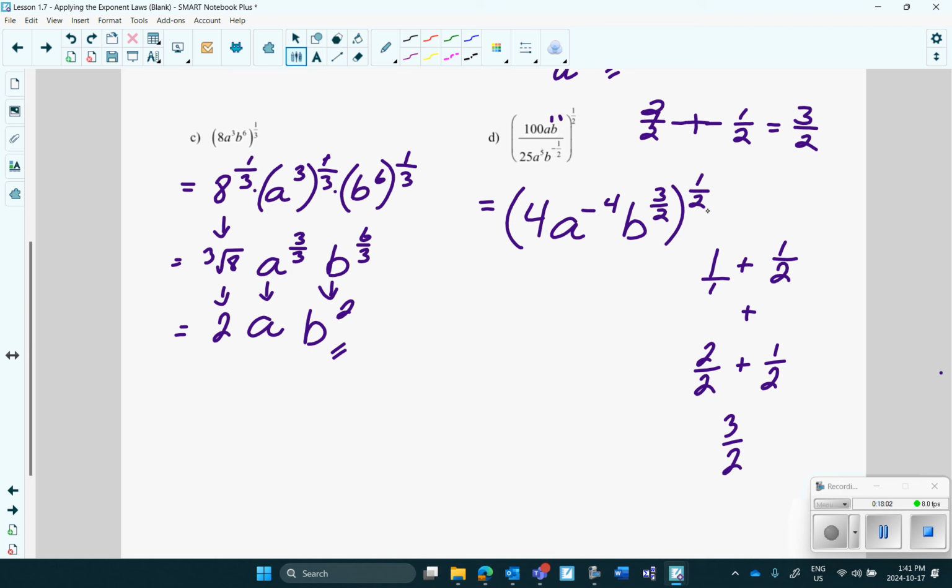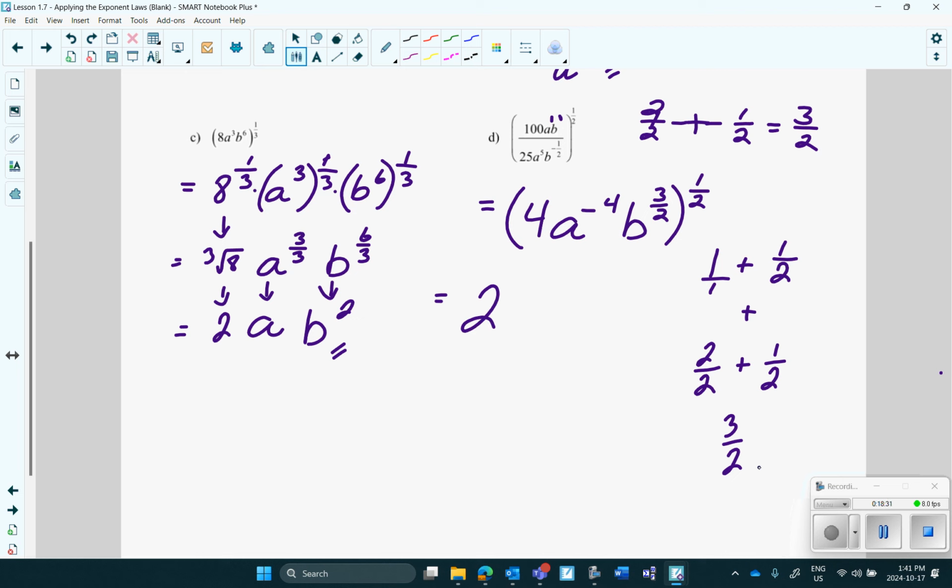4 to the 1/2. Think of that as a radical. 4 to the 1/2 is the same as? 2 is correct. Why is it 2? It's the same thing as a square root. Right. 4 to the 1/2 is the same as square root 4.